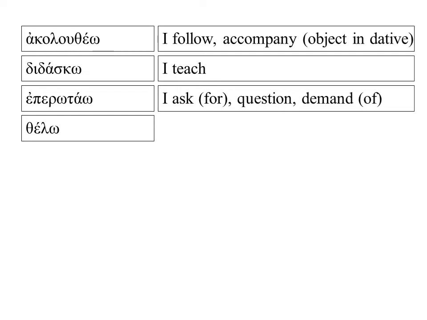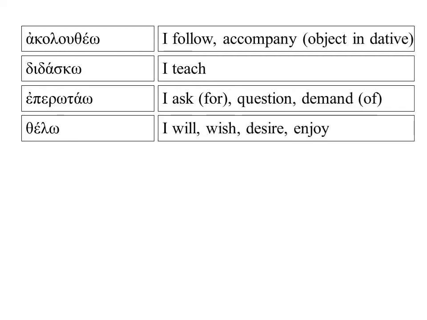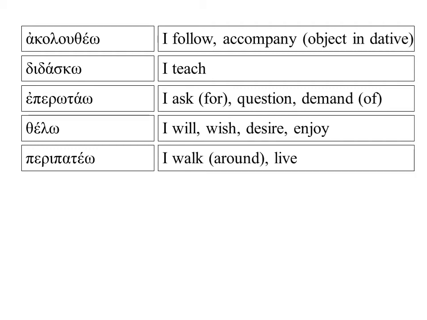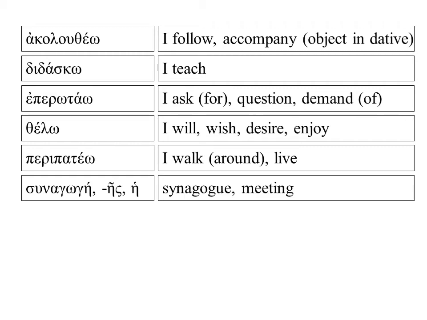Thello. I wish, will, desire, enjoy. Peripateo. Epsilon contract, I walk around or live. Synagogue. First declension, feminine, synagogue or meeting.